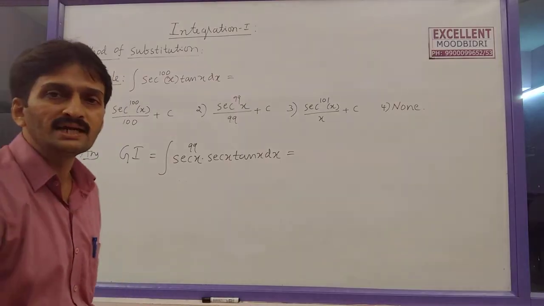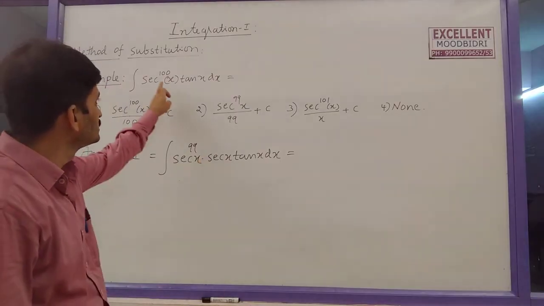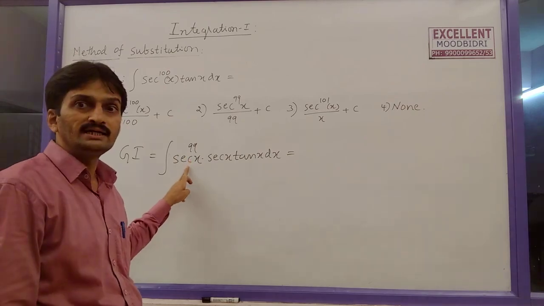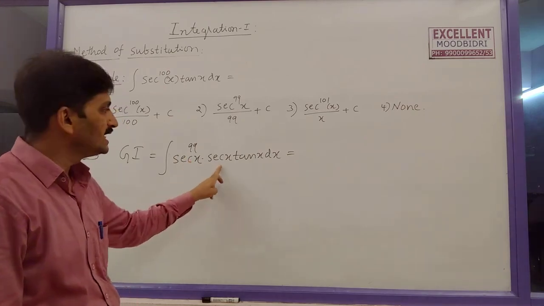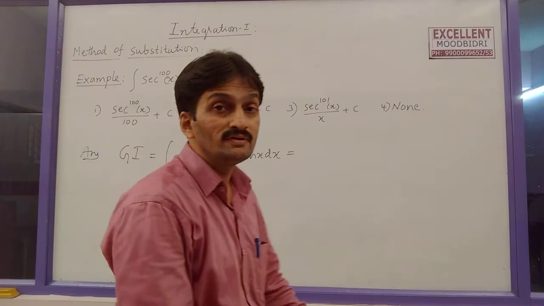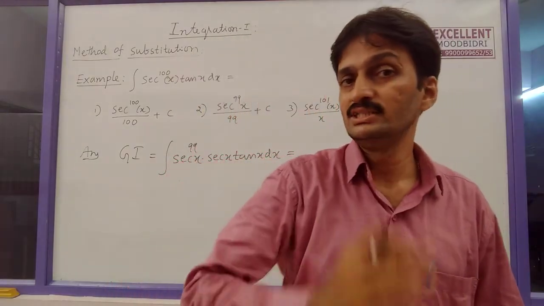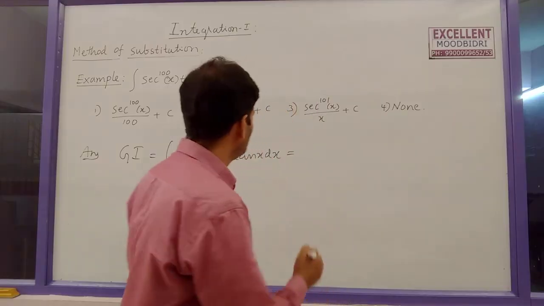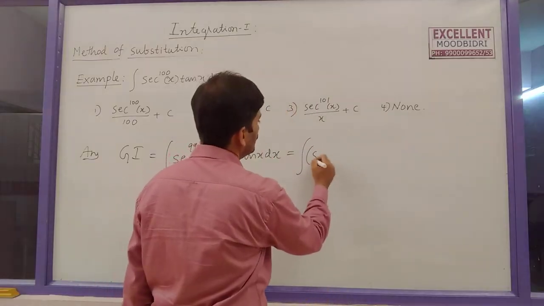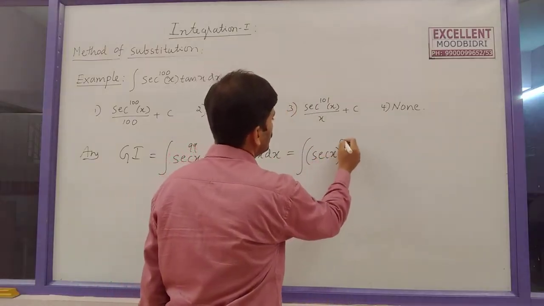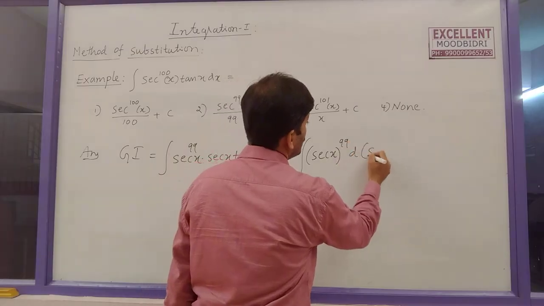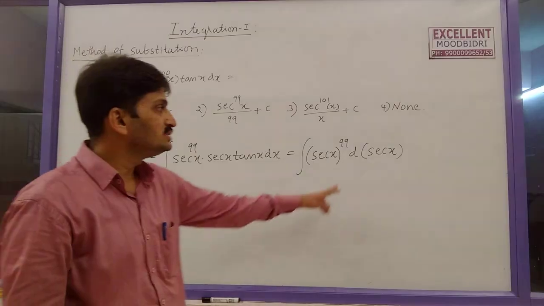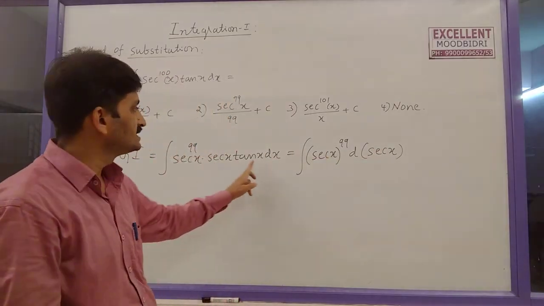So what should you do? Liberate one secant x from here. Then this becomes secant x power 99. Now secant x into tan x is the derivative of secant x. Just now I told you, you should use the language of differentials. So this can be written as secant x power 99 into d of secant x. What is the differential of secant x?